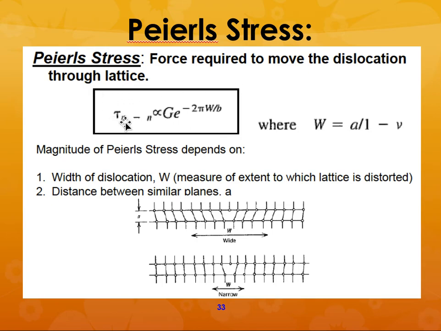This is the stress that is required to move one dislocation through the lattice from one point to another. In this case, suppose this is the width of the dislocation, and suppose this is the area where the dislocation is.